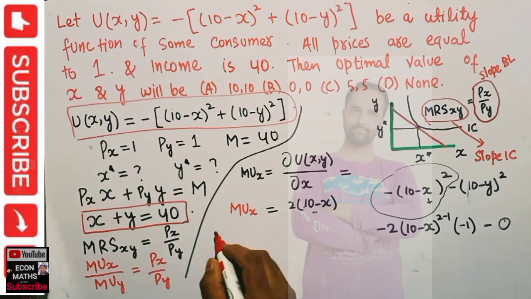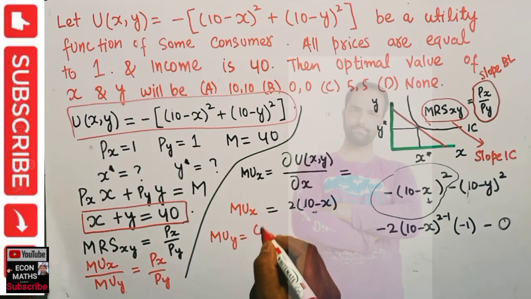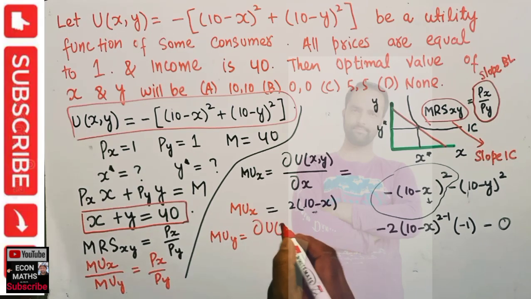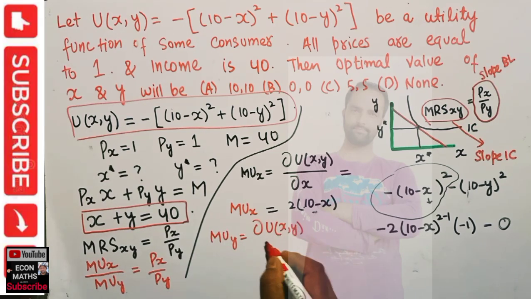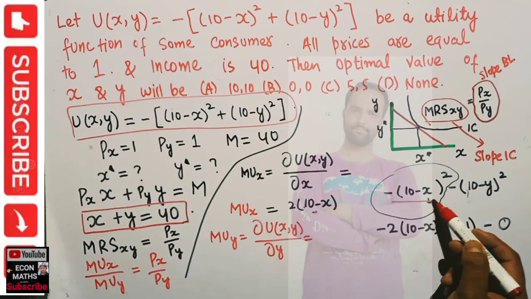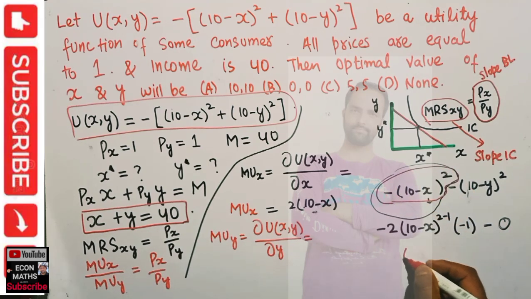Similarly we need to find out the marginal utility of y. That means taking partial derivative of this utility function with respect to y. Okay, same stuff, we have this utility function. If we want to take the partial derivative with respect to y, since no y is involved in the first term, its derivative will be 0.